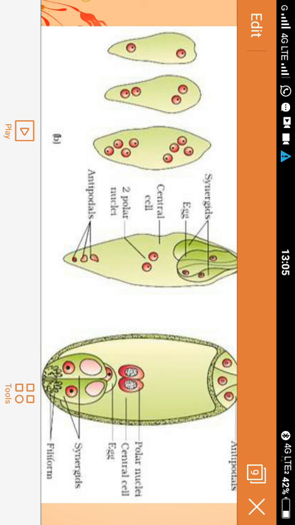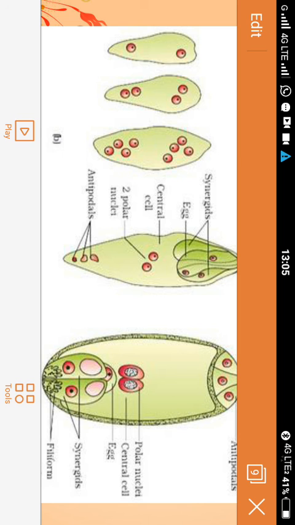The middle cell is the egg cell, and the other 2 are called synergid cells. Similarly, the 3 cells arranged at the chalazal end are called antipodal cells. A single cell with 2 nuclei is present at the center, called the polar nuclei. So the female gametophyte is a 7-celled but 8-nucleated structure.